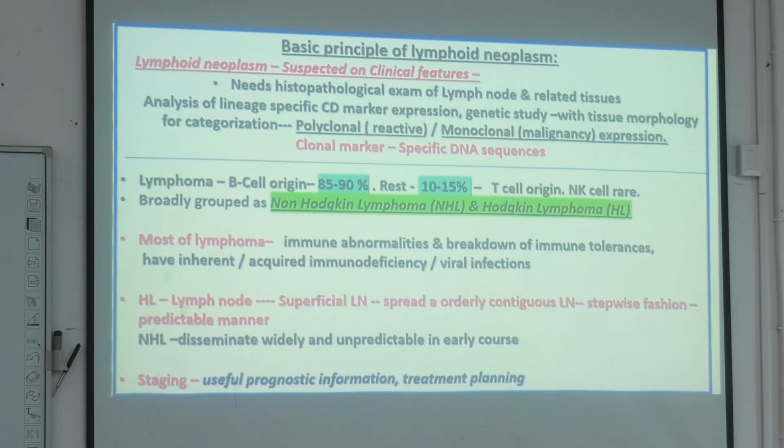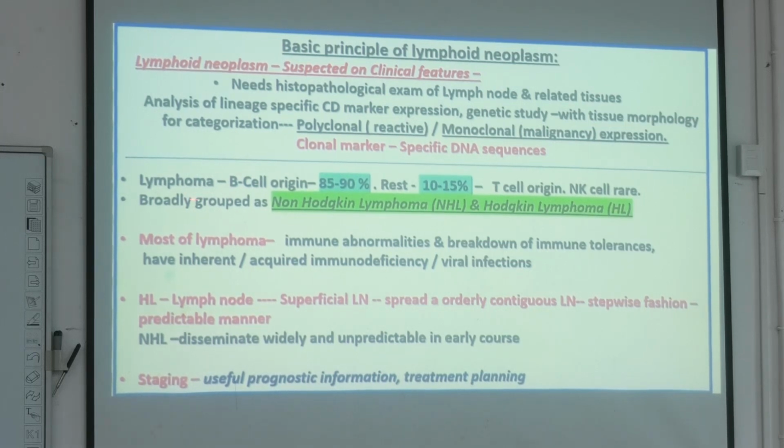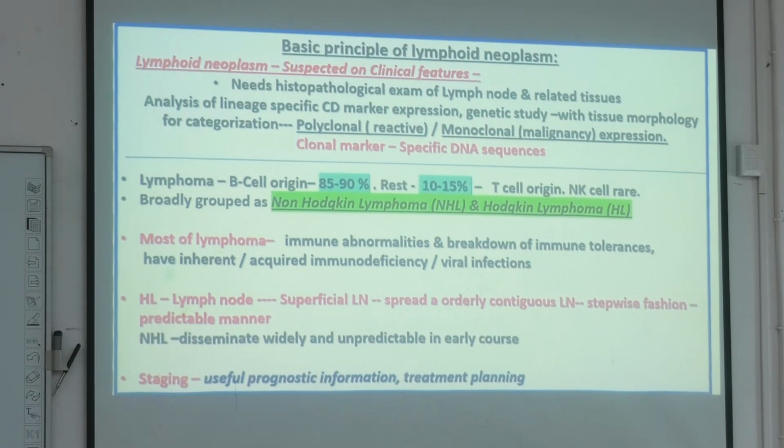But the Hodgkin lymphoma prognosis is very good compared to NHL. So in Hodgkin lymphoma the superficial lymph nodes are involved in an orderly, continuous, stepwise and predictable manner. But non-Hodgkin lymphoma is disseminated widely, in a discontinuous manner, and is unpredictable in its whole course.